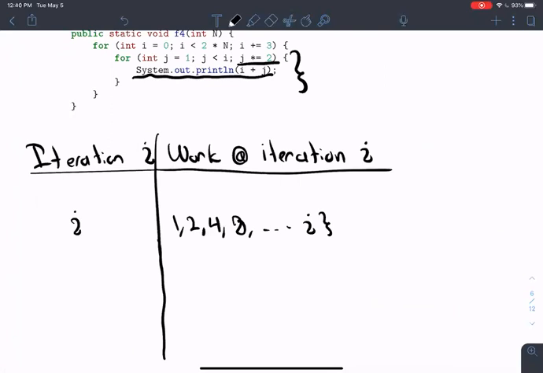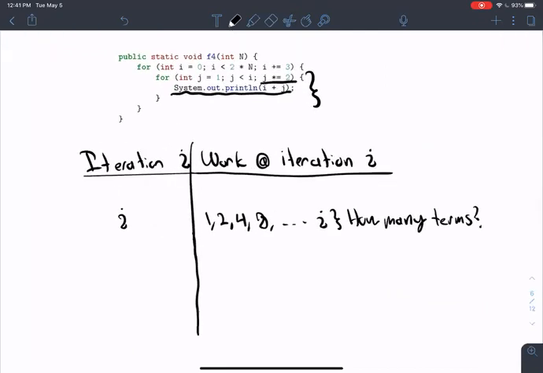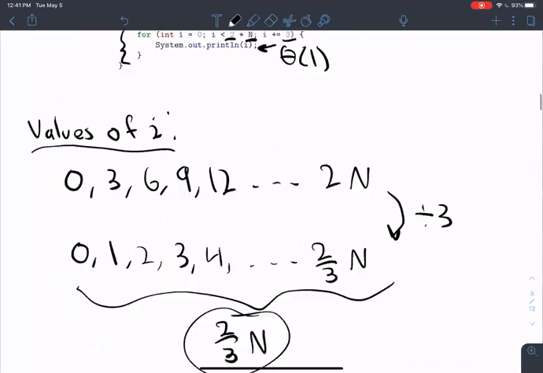So how many terms are there here? That's the question we want to know: how many values does j take on in that inner for loop? This is when we can use one of the expressions we derived earlier.